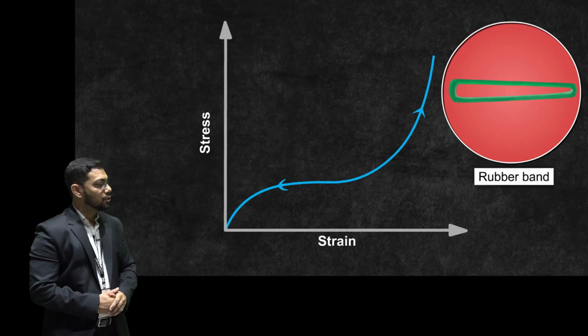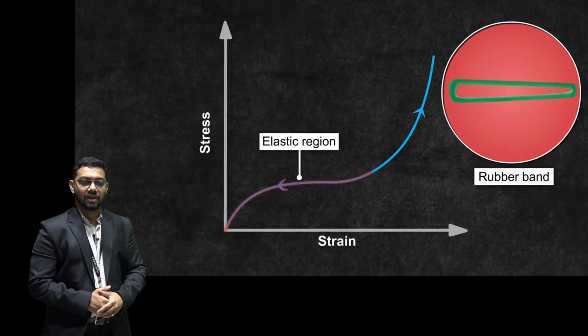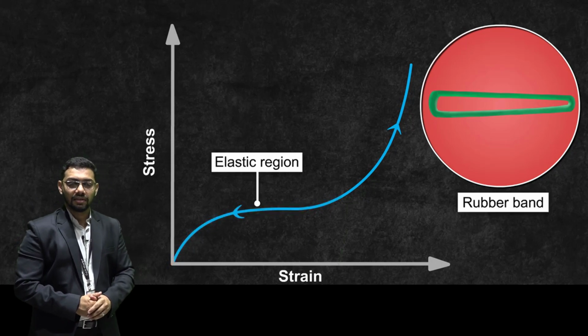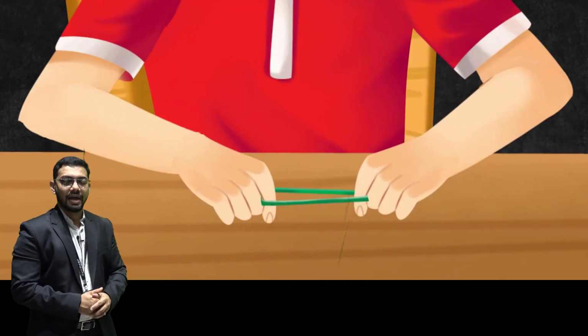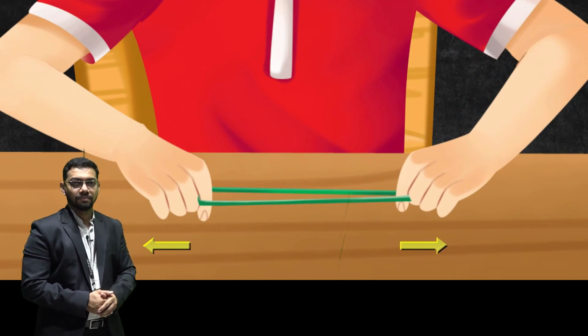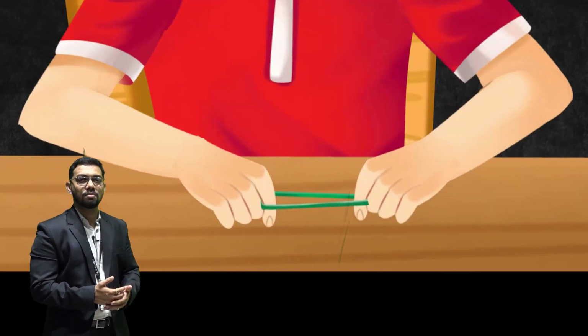This figure shows the stress strain curve for rubber. Although the elastic region is very large, the material does not obey Hooke's law over most of the region, and there is no plastic region.